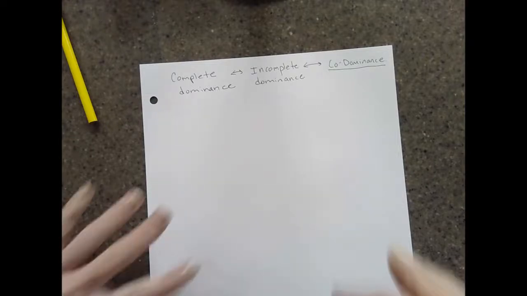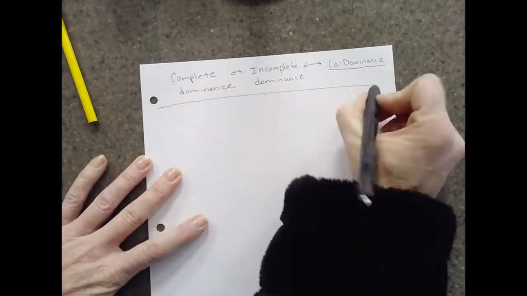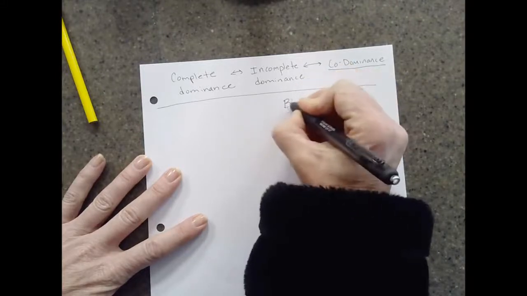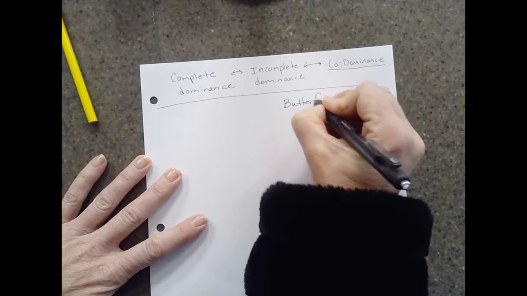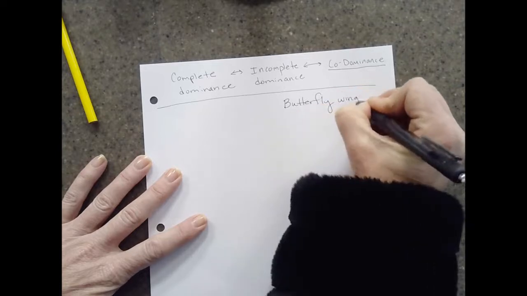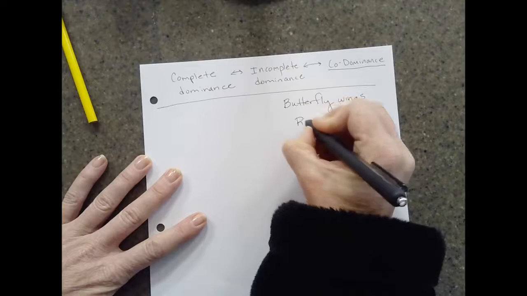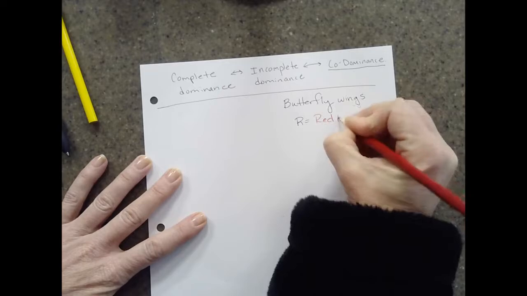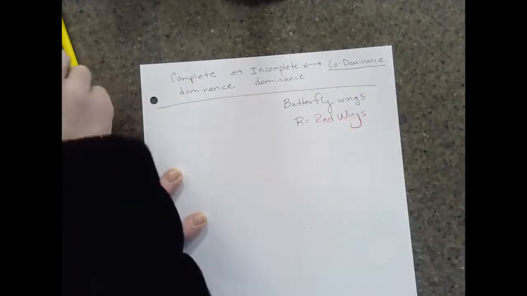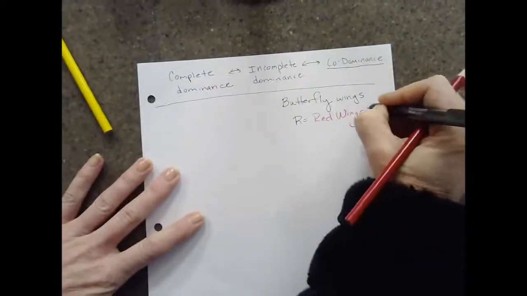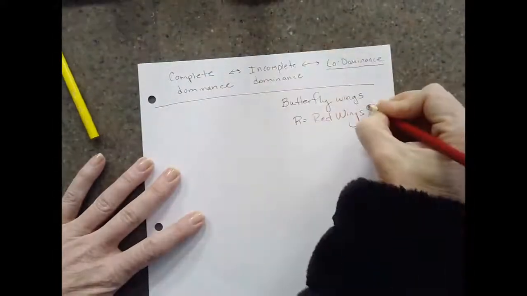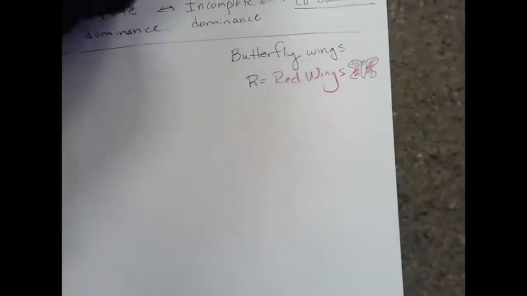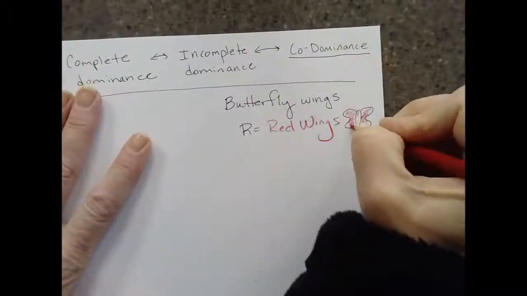Capital R is going to be red wings. And little r is going to be yellow wings. So we know that red wings is dominant.